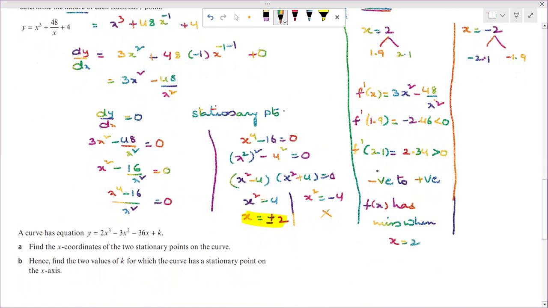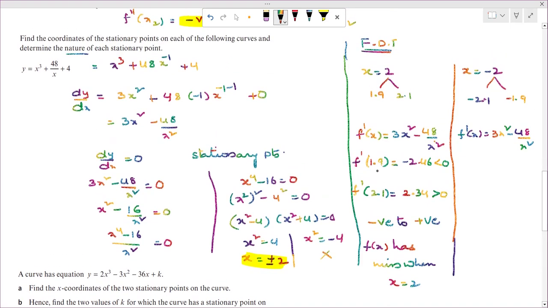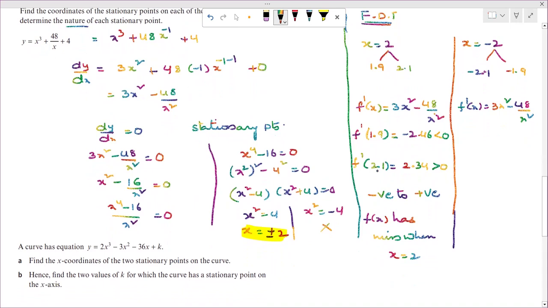Now here also, f dash of x is equal to 3x square minus 48 by x square. Here also if I substitute minus 2.1 whole square, minus 2.1 whole square is also positive only. So f dash of minus 2.1, same value we will get, 2.34, greater than 0.